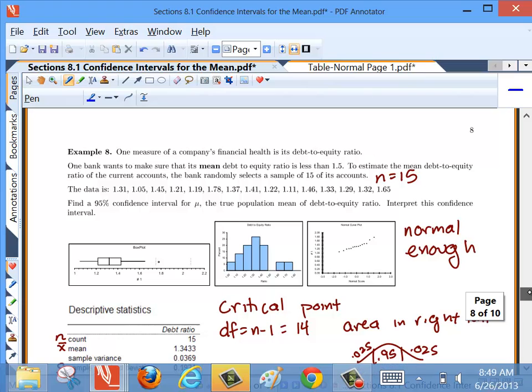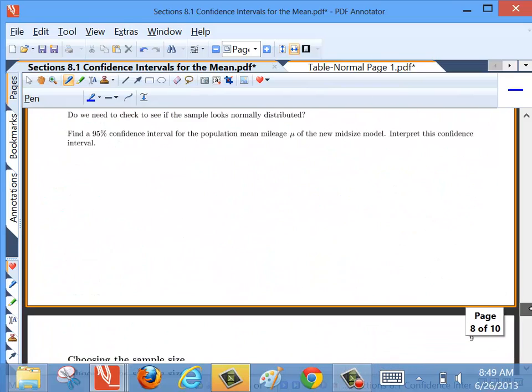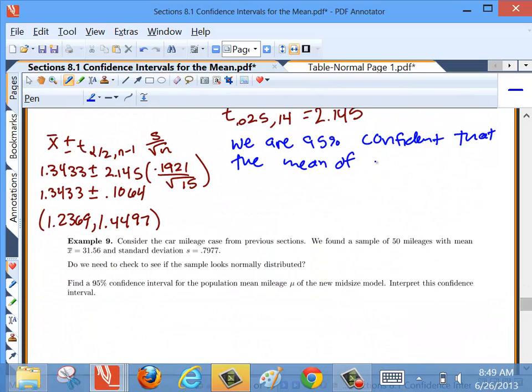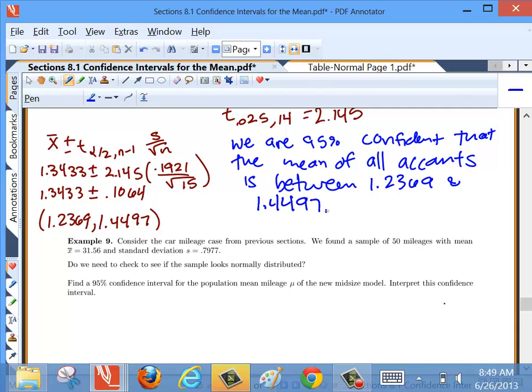The mean debt to equity ratio of all accounts is between 1.2369 and 1.4497.